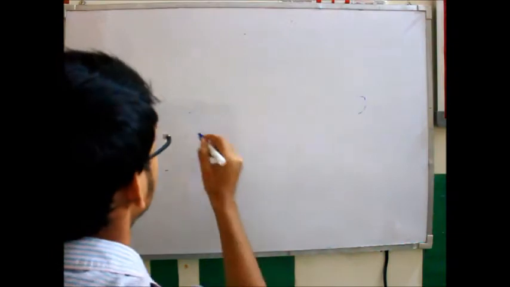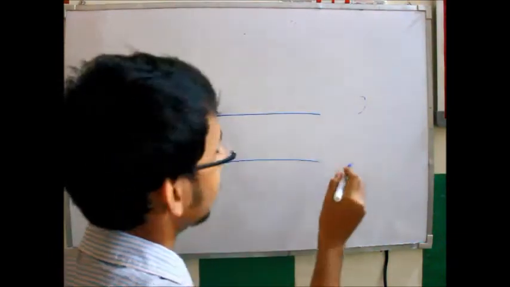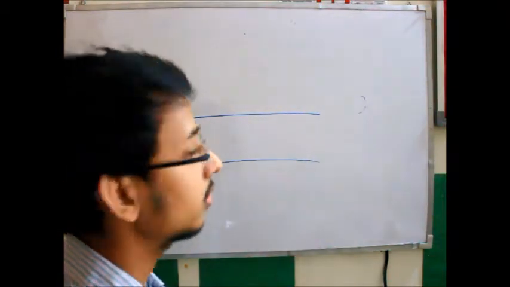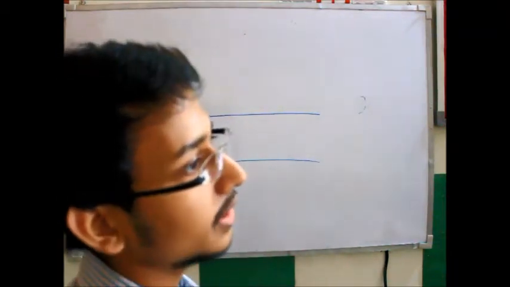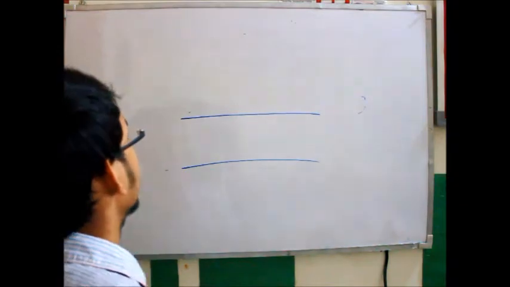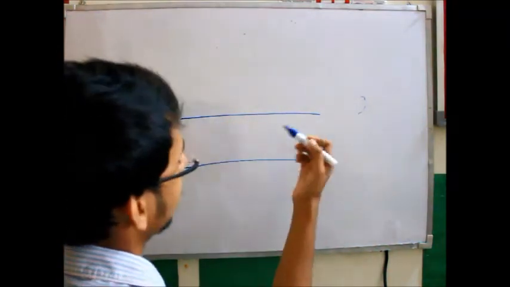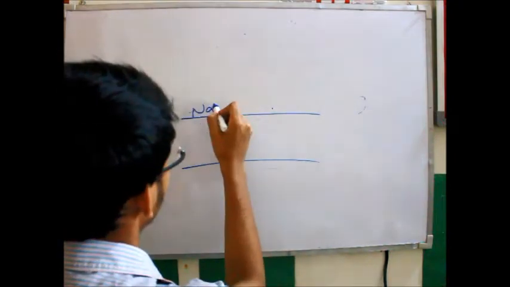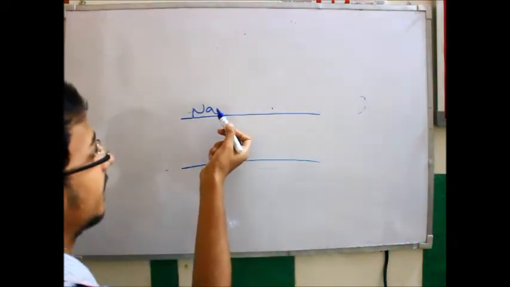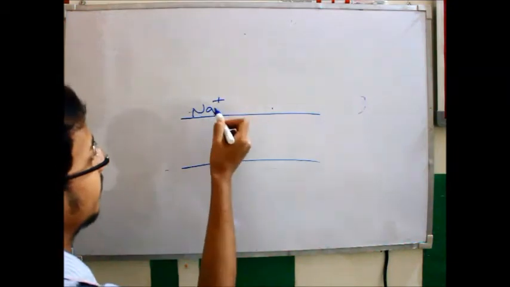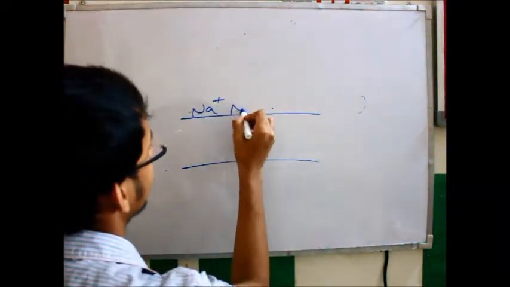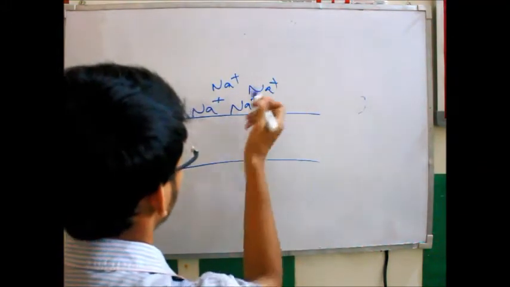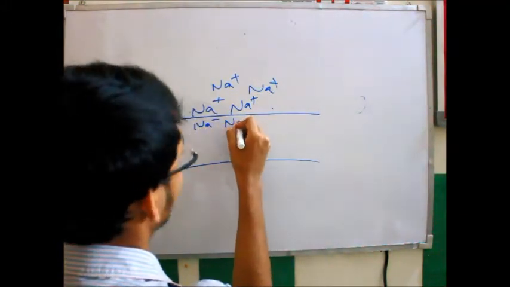Although there are many other ions also, like potassium ions, chloride ions and others which play a role, to understand this topic we are taking the example of sodium cations. So the concentration is more here, and comparatively less here.